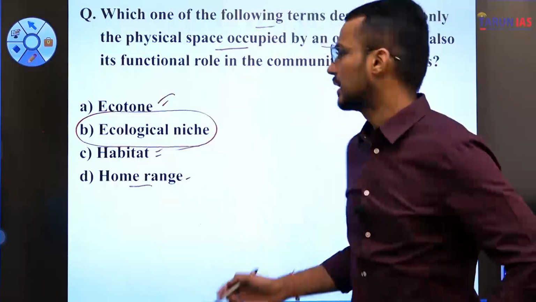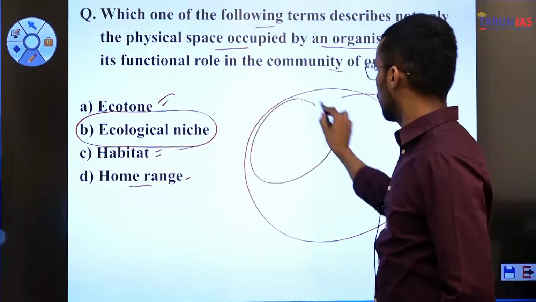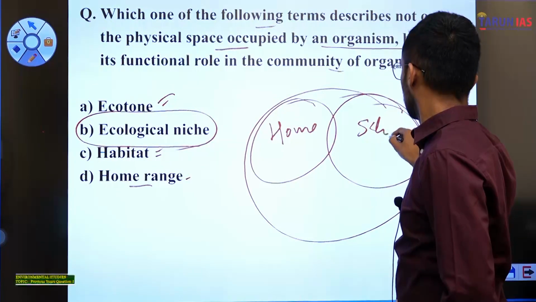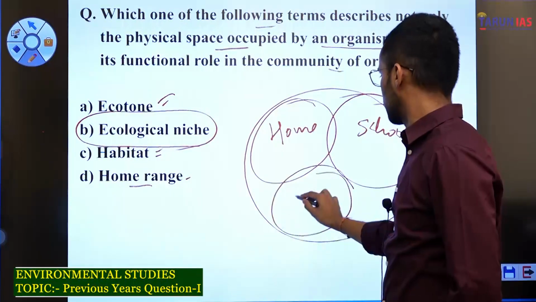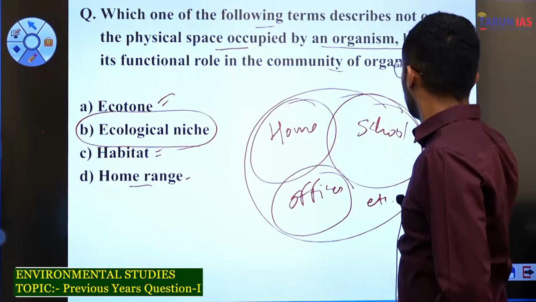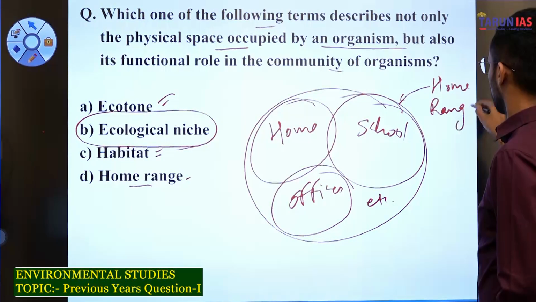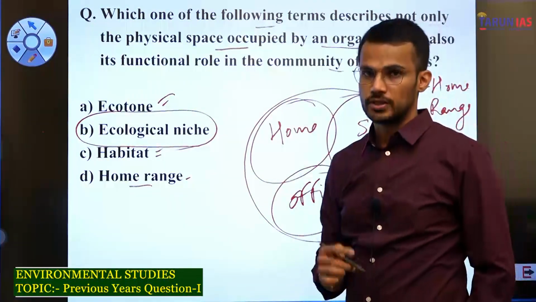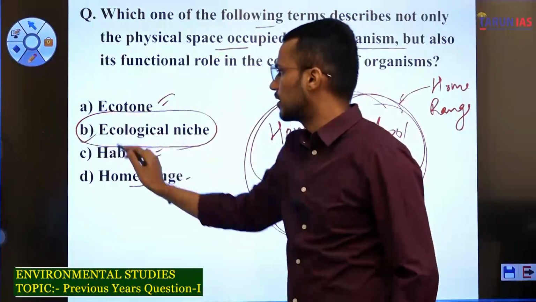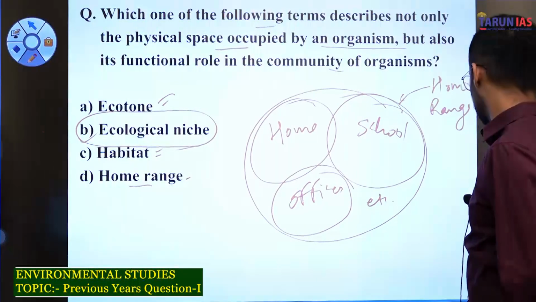For example, if we consider human beings, then their home, their school, their offices, etc., will be a part of their home range. Fine. So the answer to this question is B, ecological niche. But along with this, we have also discussed the other three terms.